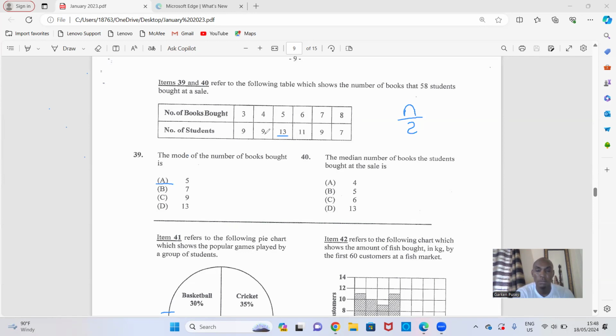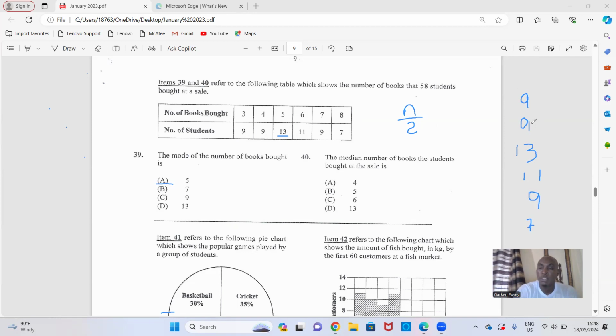Let me just write them out. 9 plus 9 plus 13 plus 11 plus 9 plus 7.